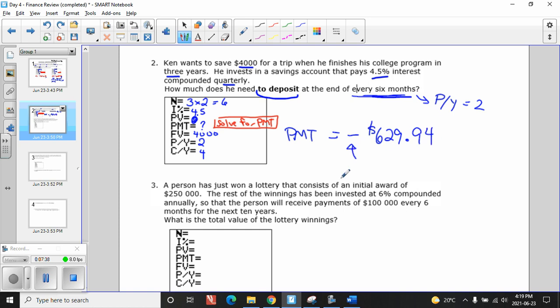This just means he's giving it away when he makes the deposit. Okay, so every 6 months, he should be putting 630 or so dollars away into this savings account.